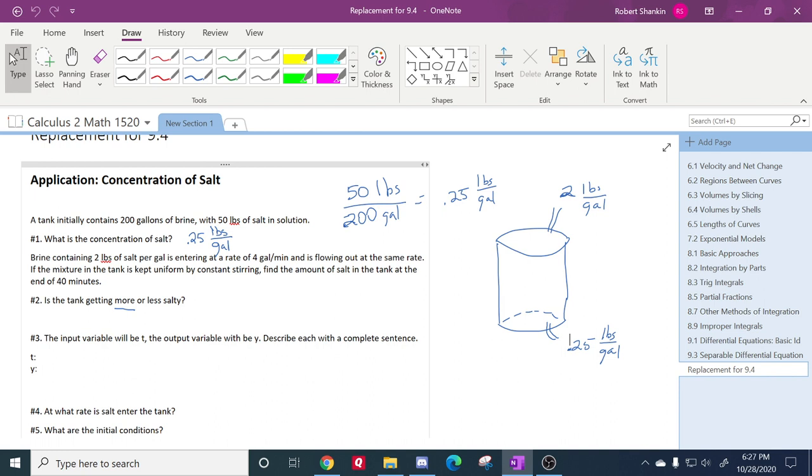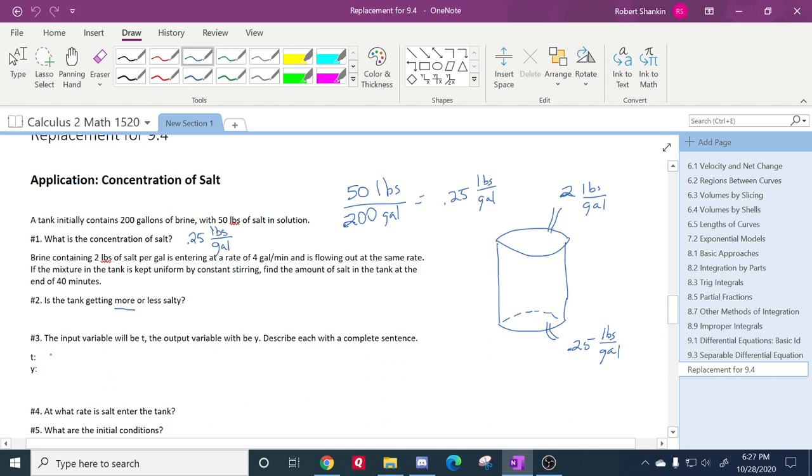Group 3, what do you have for t? Well, I thought T was salt and Y was brine, or the solution.